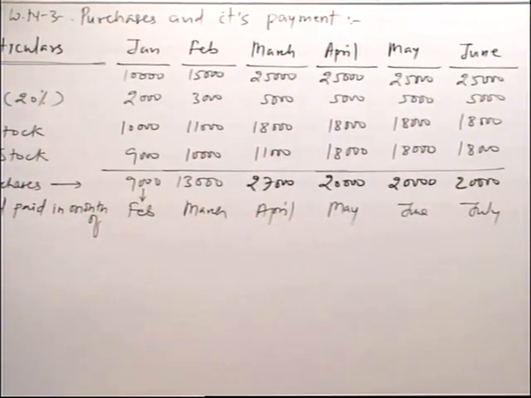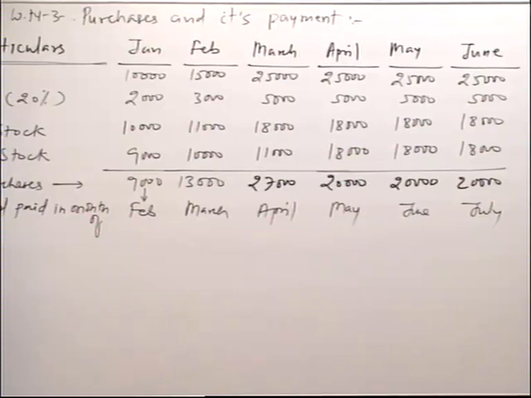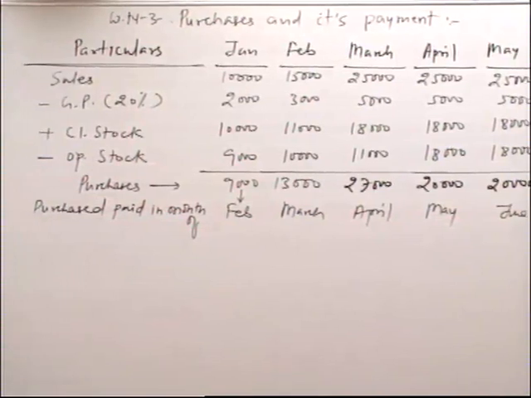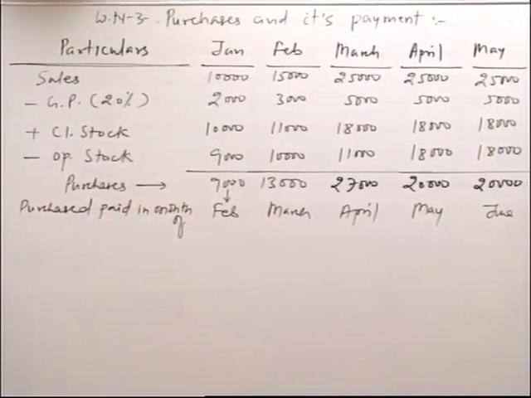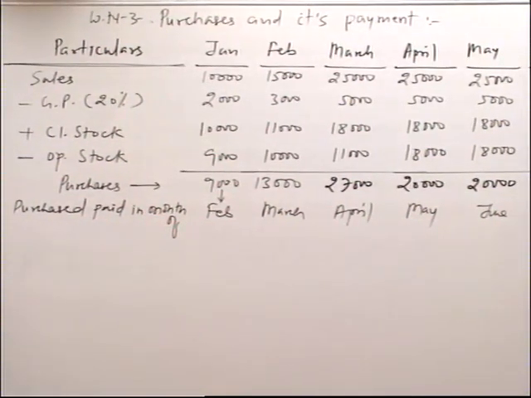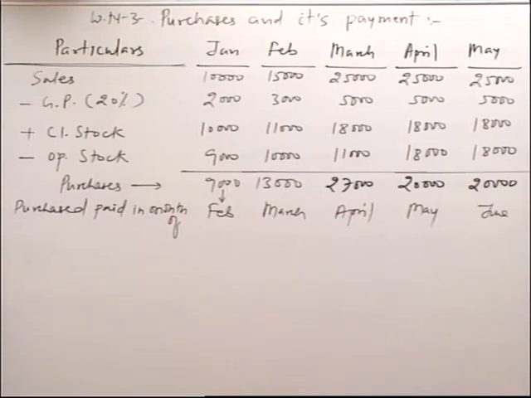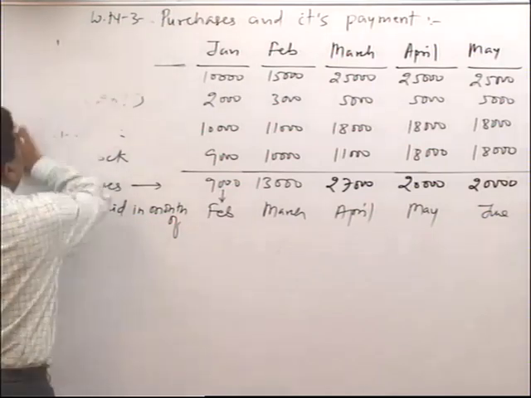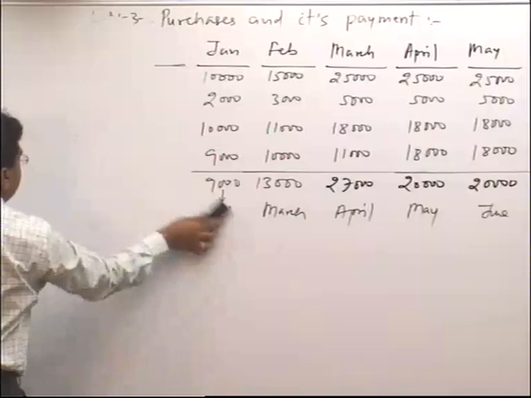So now we will go for the answer. In the answer part, first of all we have to prepare cash budget for the next 6 months, and then we have to prepare budgeted or projected trading and profit and loss account and balance sheet. Now please draw the format of cash budget having 7 columns, 1 column for particulars and 6 columns for 6 months.